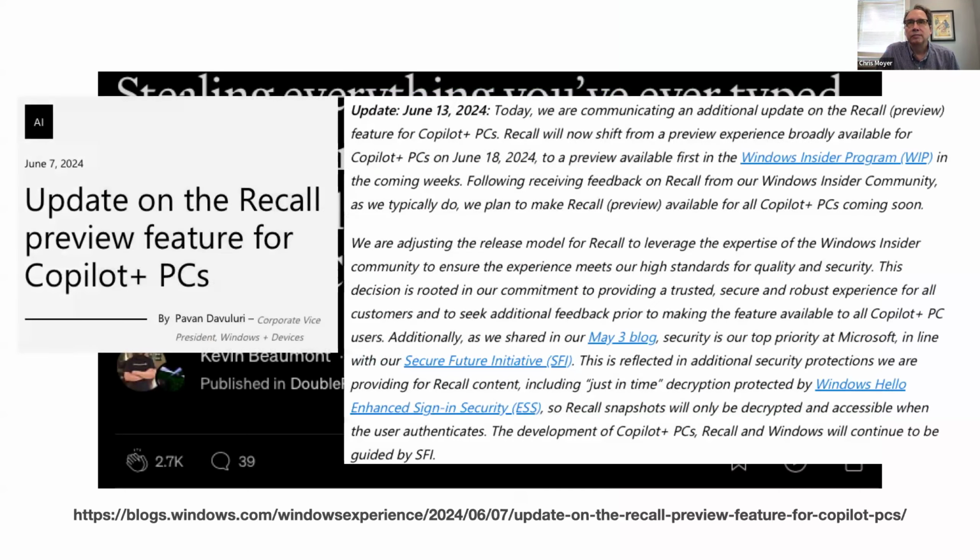They basically stalled the rollout on Recall on June 7th. They did an update on the 13th saying, well, we're going to put this in preview and take some more feedback. So they were completely caught off guard by the reaction to this. It's kind of interesting, but anyway, for those of you not in Microsoft shops, this may have gone completely outside your notice, but this Recall thing is kind of a security mess that Microsoft completely stepped in.